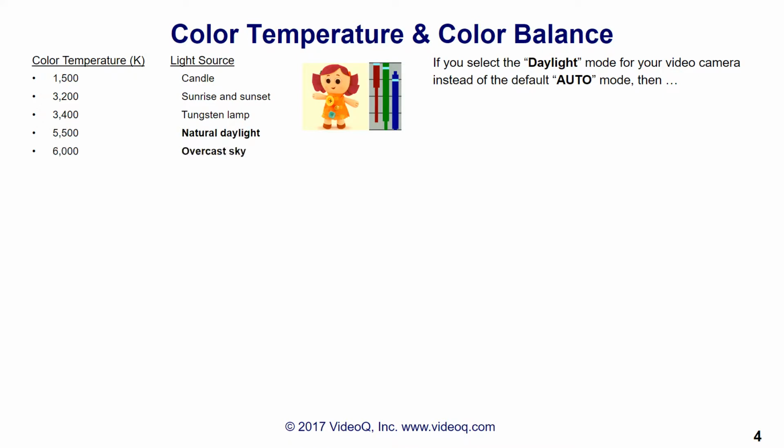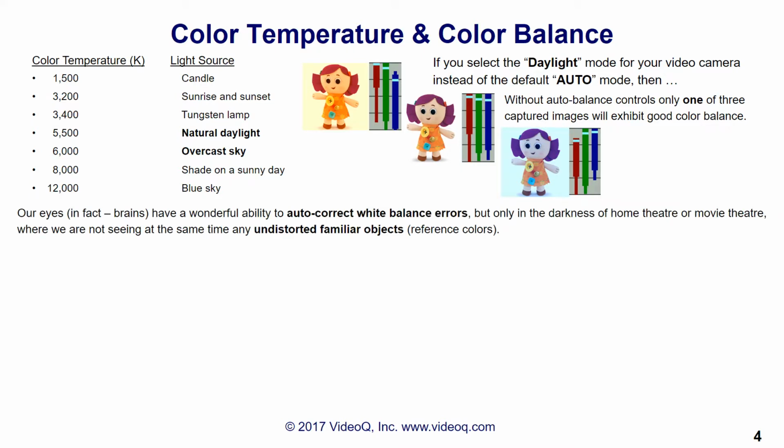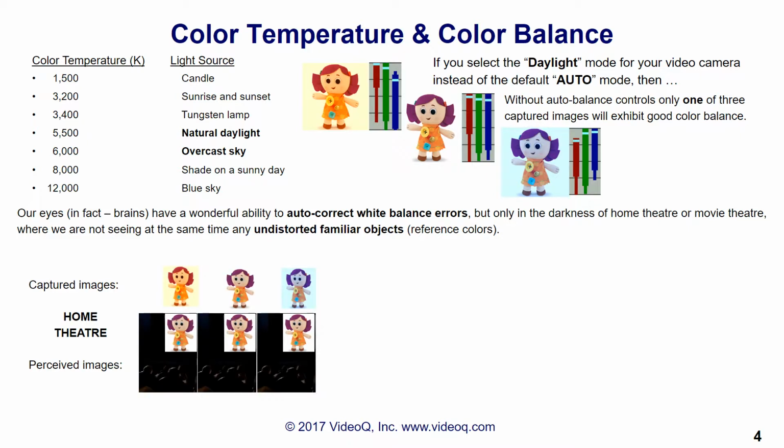If you select the daylight mode for your video camera instead of the default auto mode, then without auto balance correction, only one of three images captured in different lighting conditions will exhibit good color balance. Our eyes and brains have a wonderful ability to autocorrect white balance errors, but only in the darkness of a home theater or movie theater where we are not simultaneously seeing any undistorted familiar objects such as reference colors.